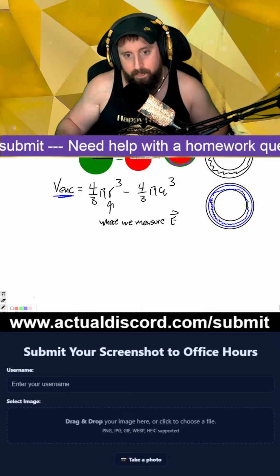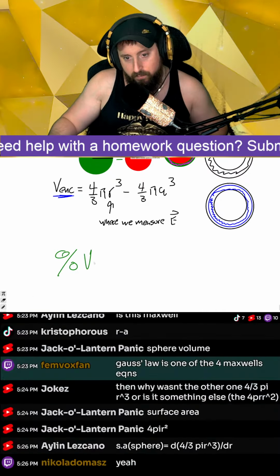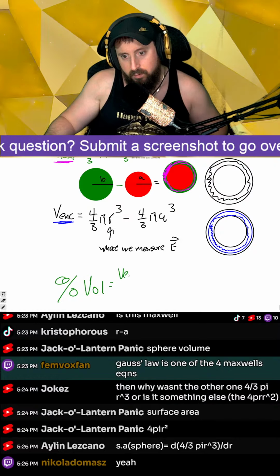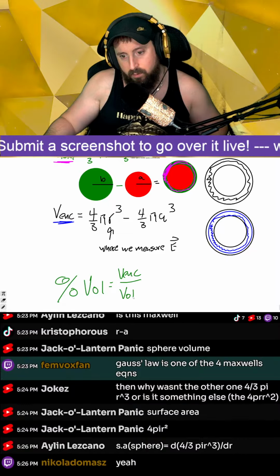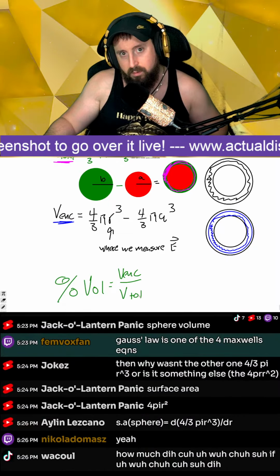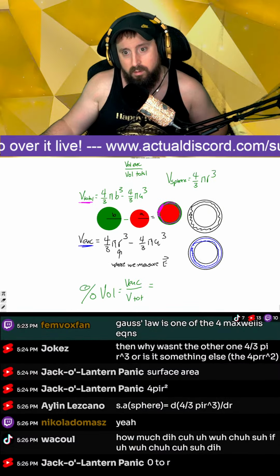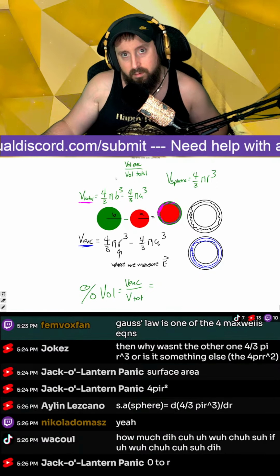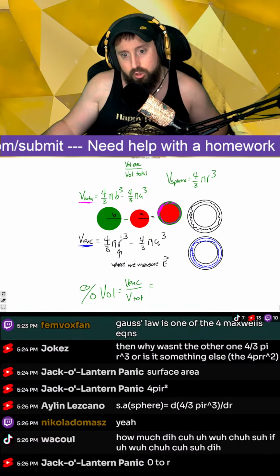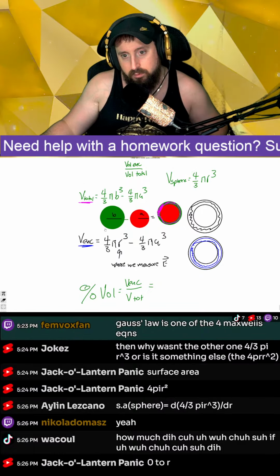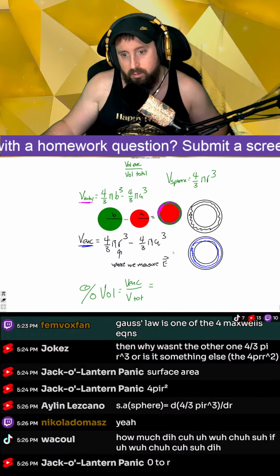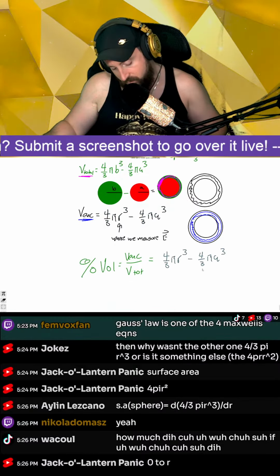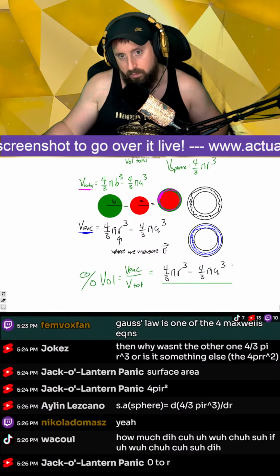So, percentage of volume is equal to V enclosed over V total. So that's this divided by this.